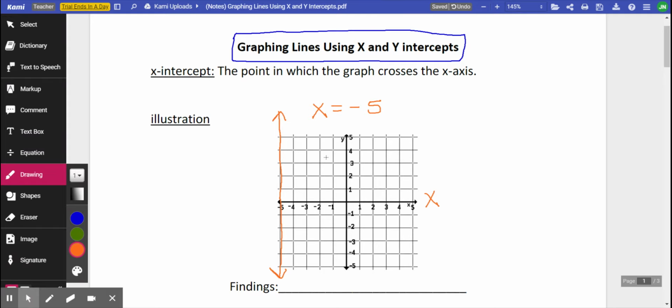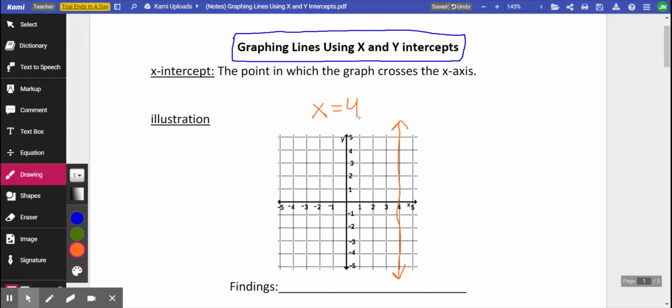Similarly, if I change that line to x is equal to 2, it's going to be crossing the x-axis at the value of 2, going up and down vertically right at that +2. You can change that value to whatever number you want. For example, x is equal to 4 will cross the x-axis at the value of +4, etc.